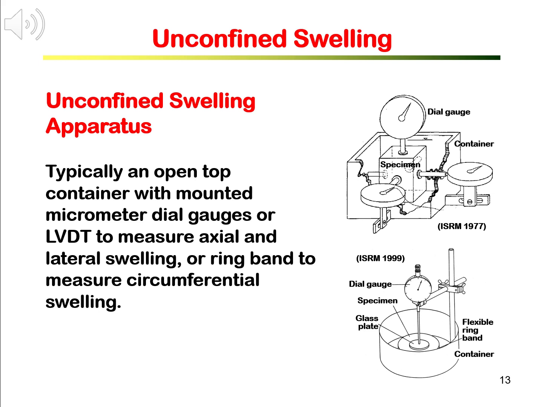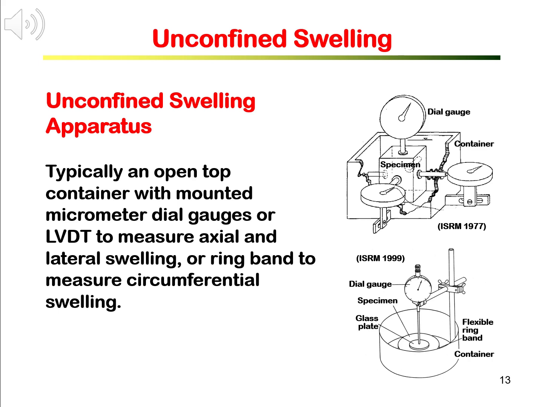It consists of a cubic box, typically made of plexiglass with open top. The box is mounted with micrometer dial gauges or LVDTs on four sides to measure the lateral swelling deformation.